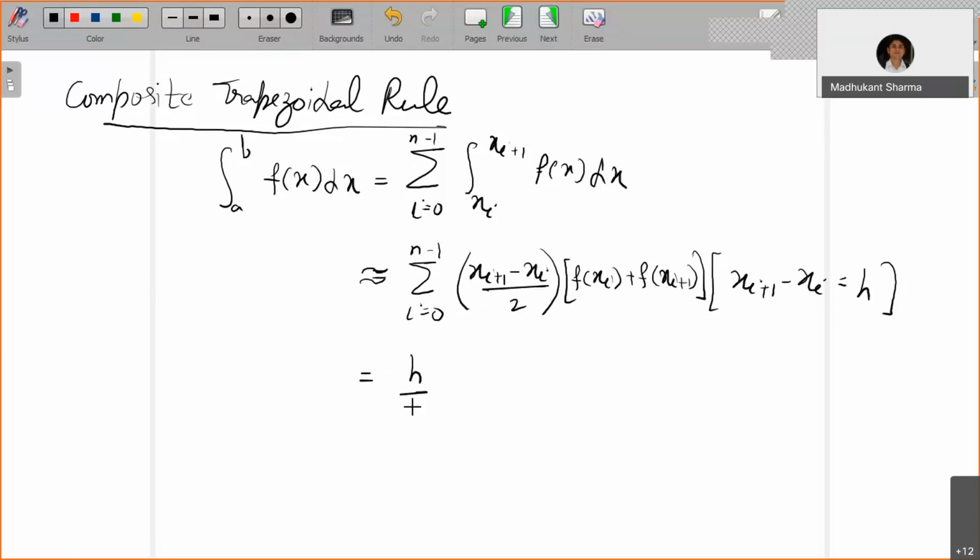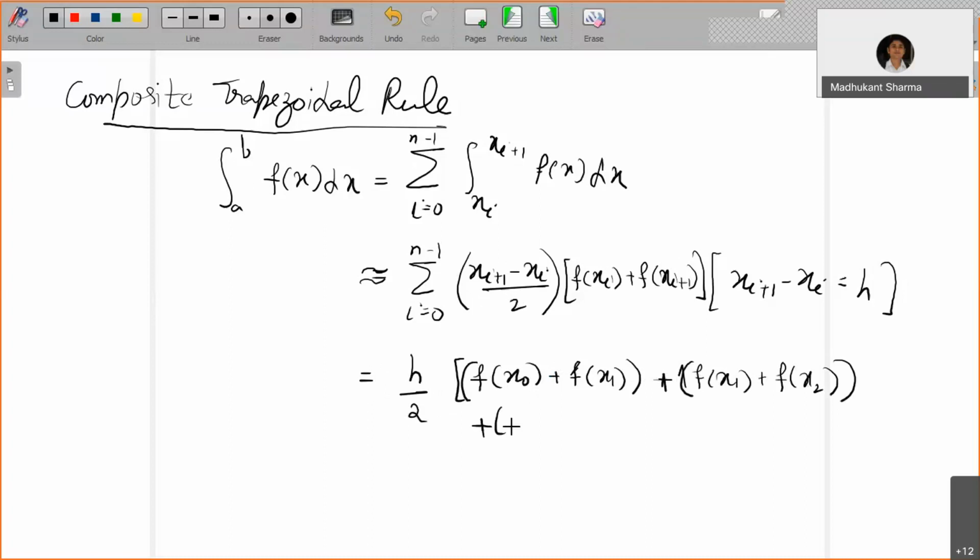So h by 2 is common, and if you open up the summation: f of x naught plus f of x1, the first term, plus second term f of x1 plus f of x2, third term f of x2 plus f of x3, and so on, plus the nth term f of x n minus 1 plus f at xn.